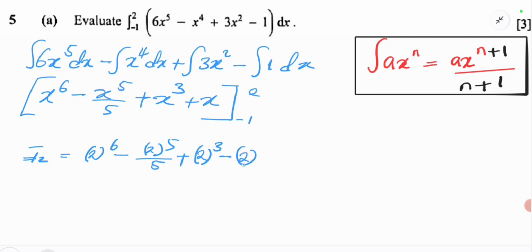minus 2. So here we're supposed to have a minus, because we have a minus on top here. So this is supposed to be a minus. So if we simplify this, we're going to have 64 minus 32 over 5 plus 8 minus 2.